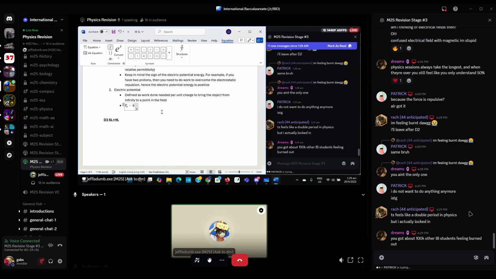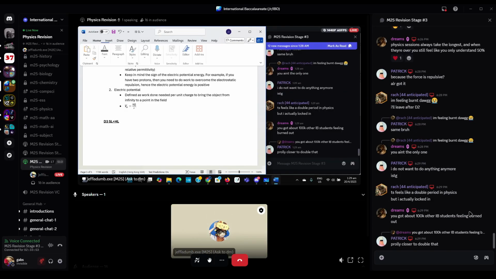V is equal to kQ over r. And same as gravitational fields, the electric field strength is the negative gradient of the electric potential.